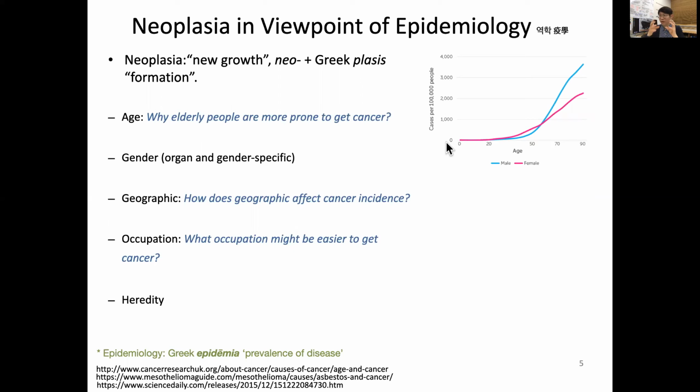If there's a mutation in that proliferation machinery, it's likely to lead to cancer or tumor formation. That mutation is likely to accumulate over time. So that's why elderly people are prone to cancer.